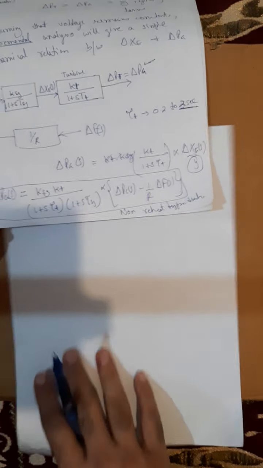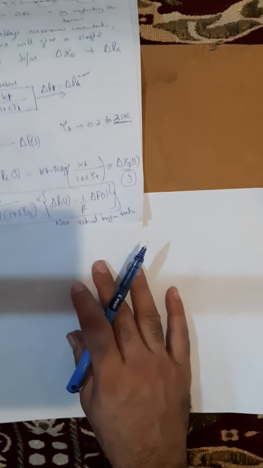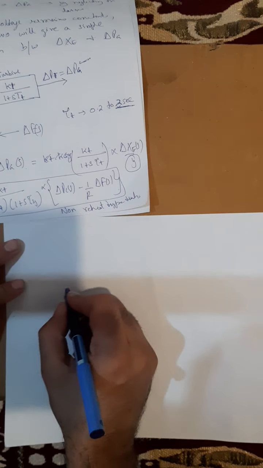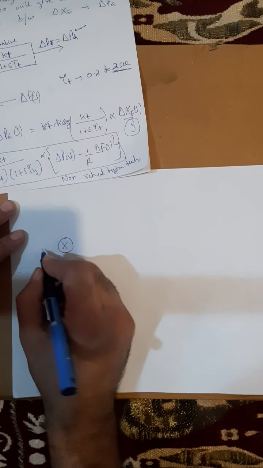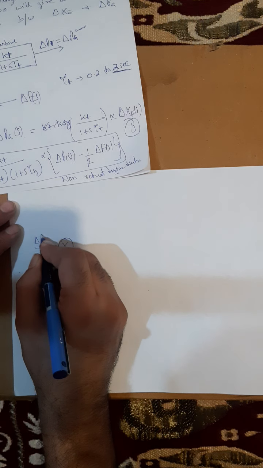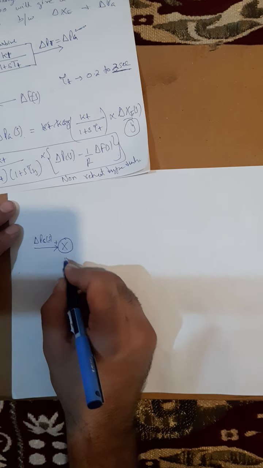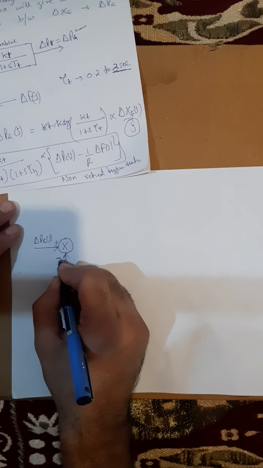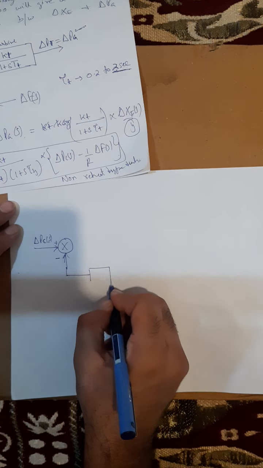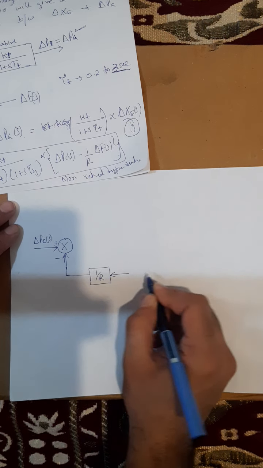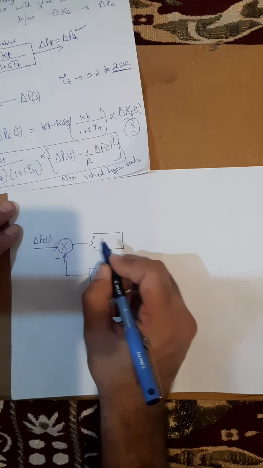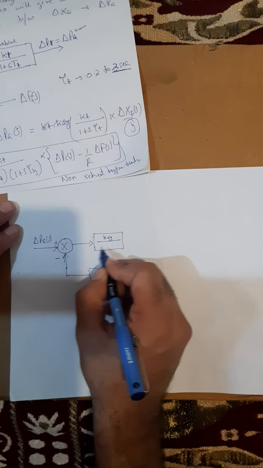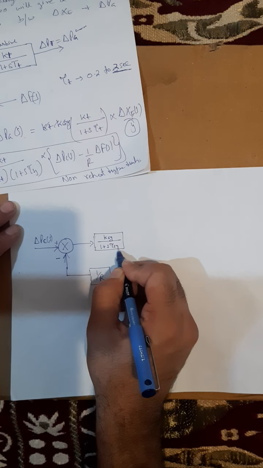Firstly, I will draw this part of the diagram, but I will use another page for that. Initially I have the Governor input delta PCS, which represents the speed changer. Then I have 1 by R, and here I have delta F(s). Here is my Governor, KSG, where small g represents Governor, over 1 plus S TSG.